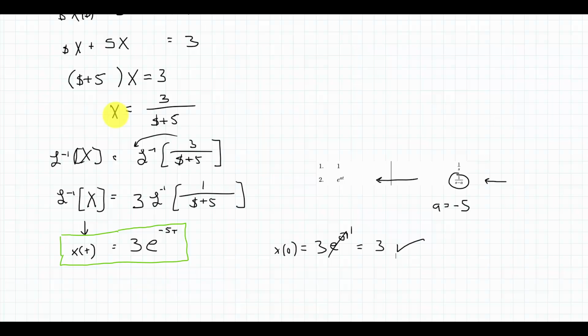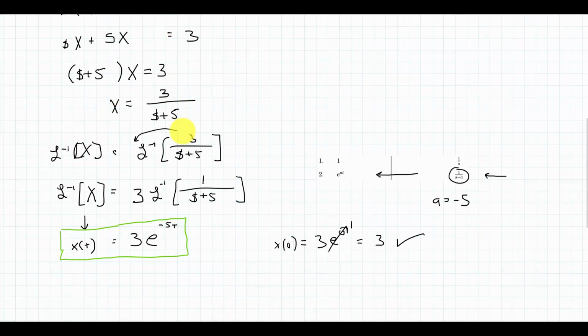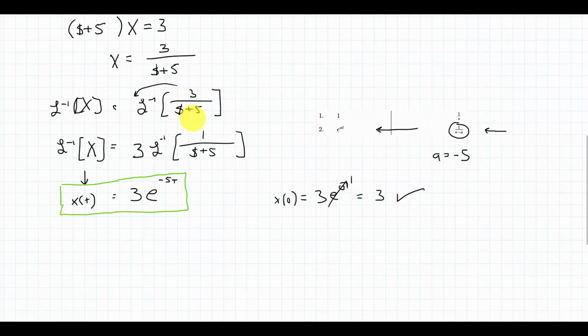So I have to make sure that right-hand side is going to look like something on my Laplace transform table. In this case, with a little bit of algebra, I was able to rewrite it as the inverse Laplace transform of 1 over s plus 5, which does appear on the Laplace transform table. So then the last step, I can take everything back into the time domain and get my final answer.